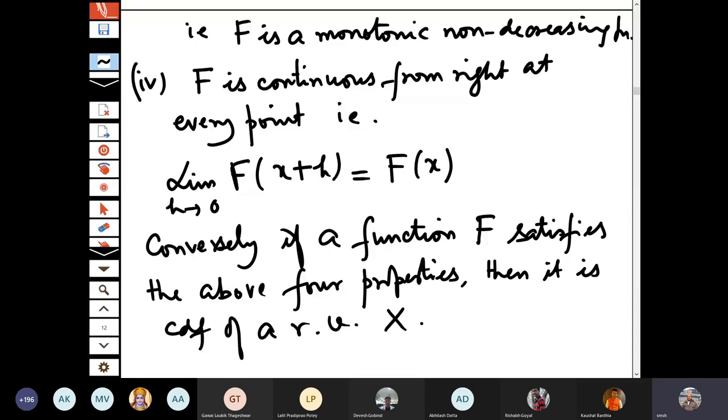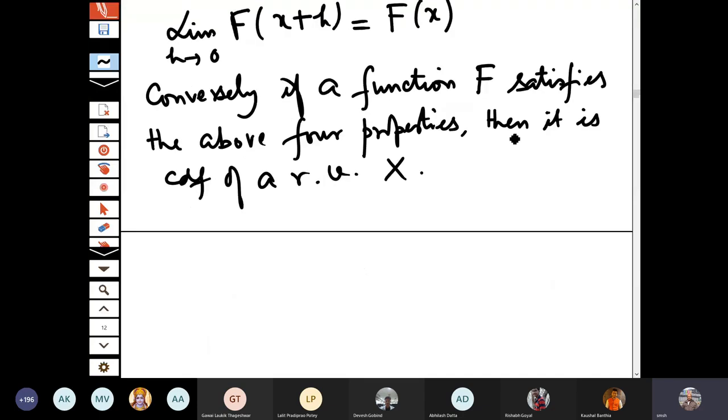So first, we defined the CDF, the PMF and the PDF. Is there any relation? The answer is yes.